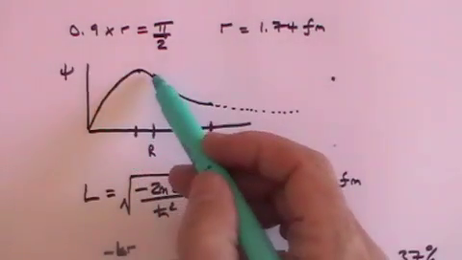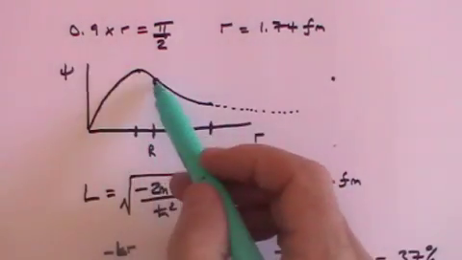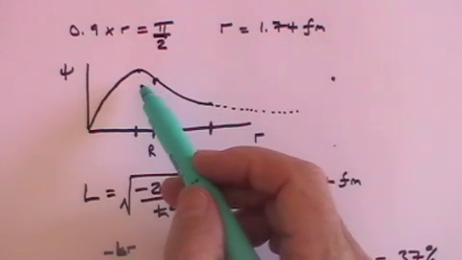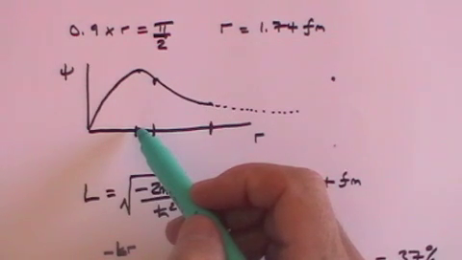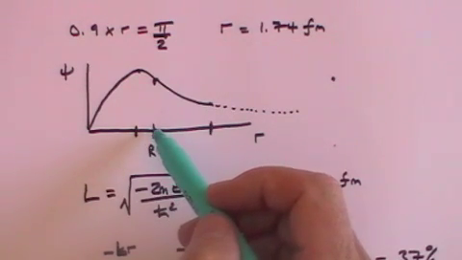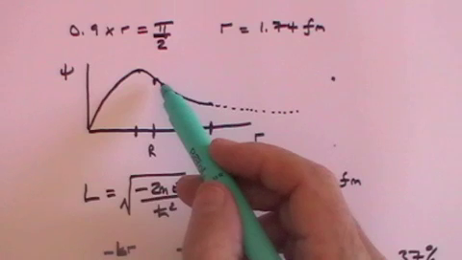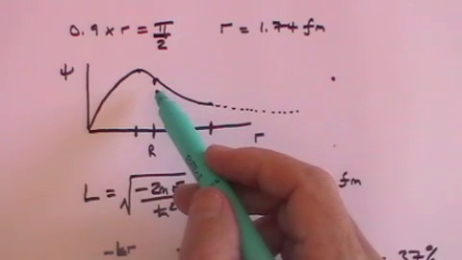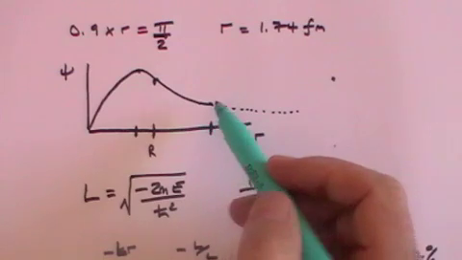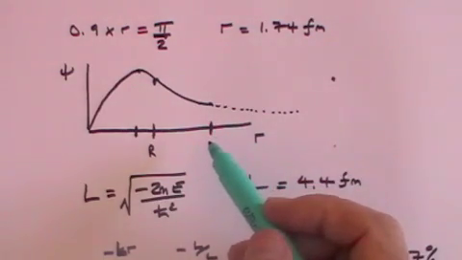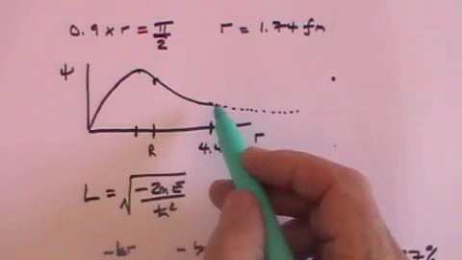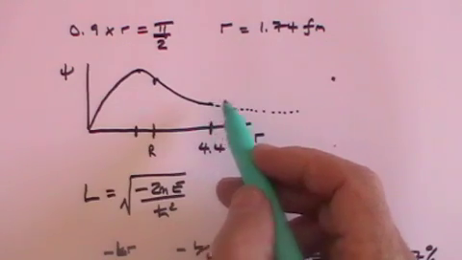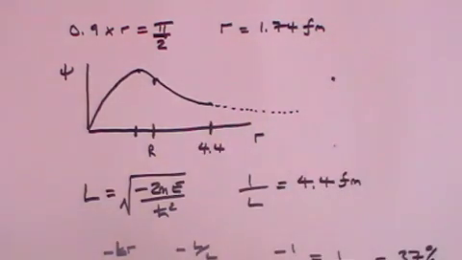Psi inside the box, this is the edge of the box, psi inside the potential well is a sine wave, where its maximum is at 1.74 Fermis, and it's got down to 95% of its maximum by the time you get to the edge of the box. You then have the exponential wave function taking over, which by the time you get to 4.4 Fermis, I'll put that there, 4.4 Fermis, you're down to 37% of the maximum, but it continues to go beyond it.